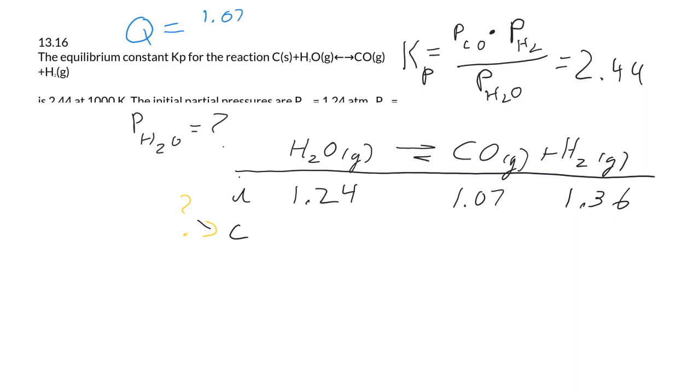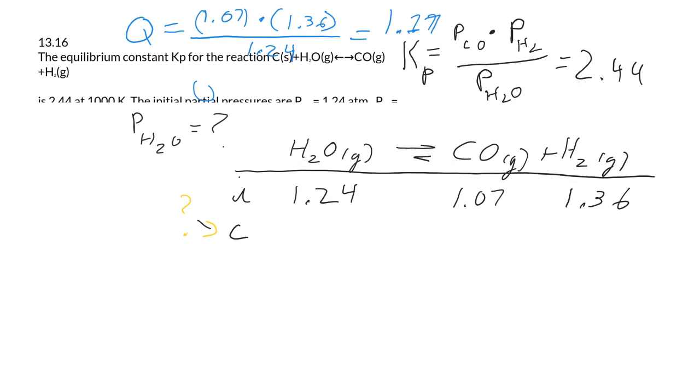So we're going to take that initial partial pressure of carbon monoxide, multiply that by the initial partial pressure of my hydrogen gas, and divide that by my initial partial pressure of water. And that's going to give me a value of, getting out my calculator here, divided by 1.24, a reaction quotient of 1.17.